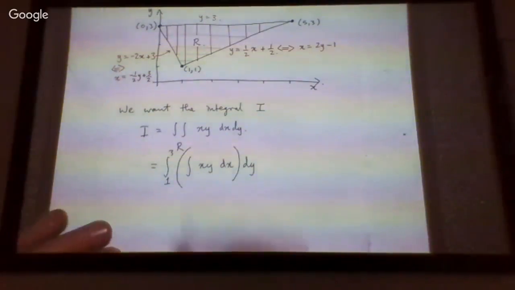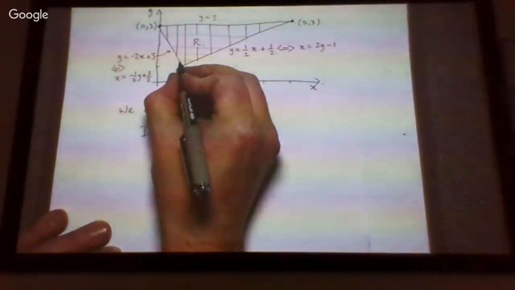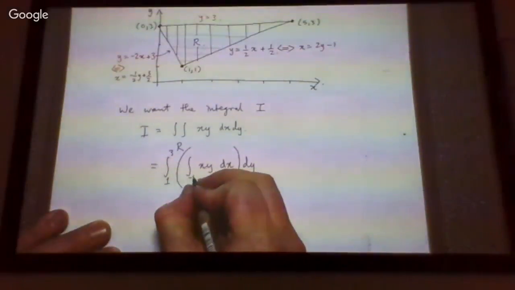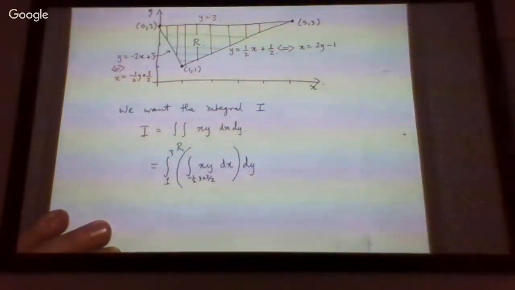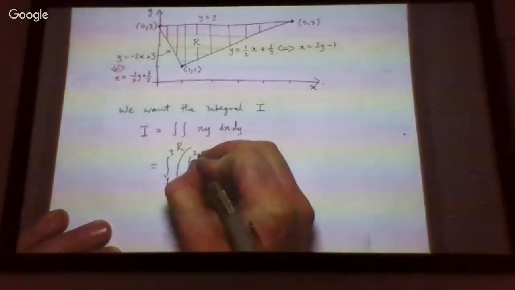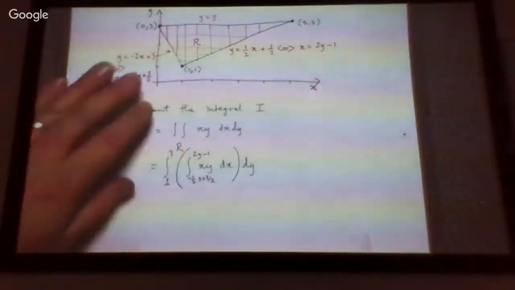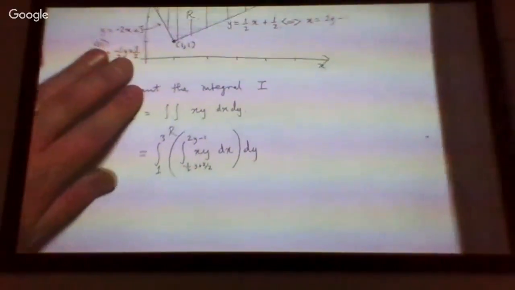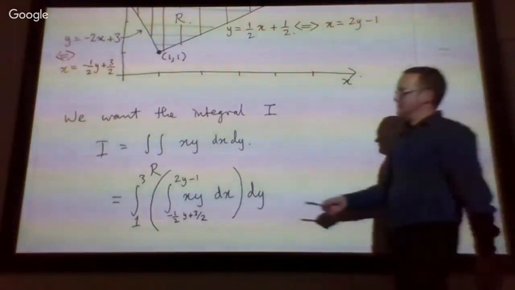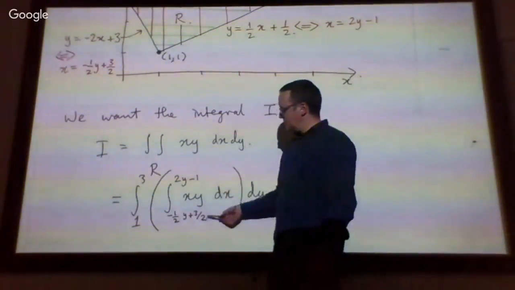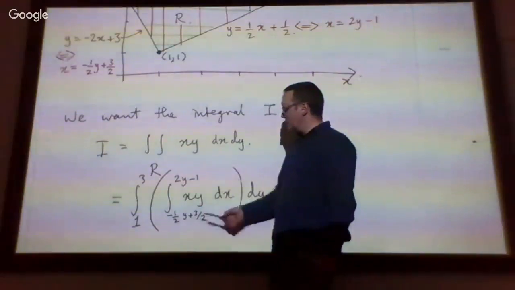And so those are our limits of integration. I want to start integrating on the x-axis from minus 1/2 y plus 3 over 2. That's the lower limit of integration. And the upper limit of integration is 2y minus 1. Okay. So I start the x integral at minus 1/2 y plus 3 over 2.